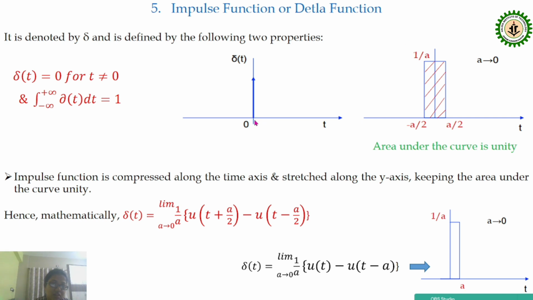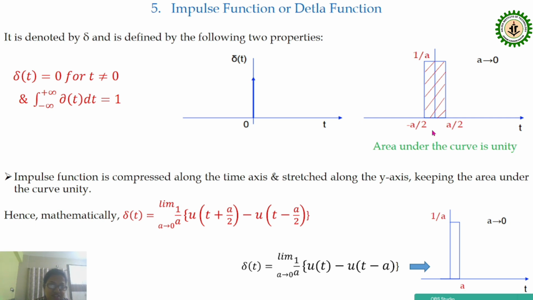For a very short span of time, one huge force is generated. So this is actually the impulse function, which occurs for a very short span of time and generates a huge magnitude. That's why this arrowhead is given.